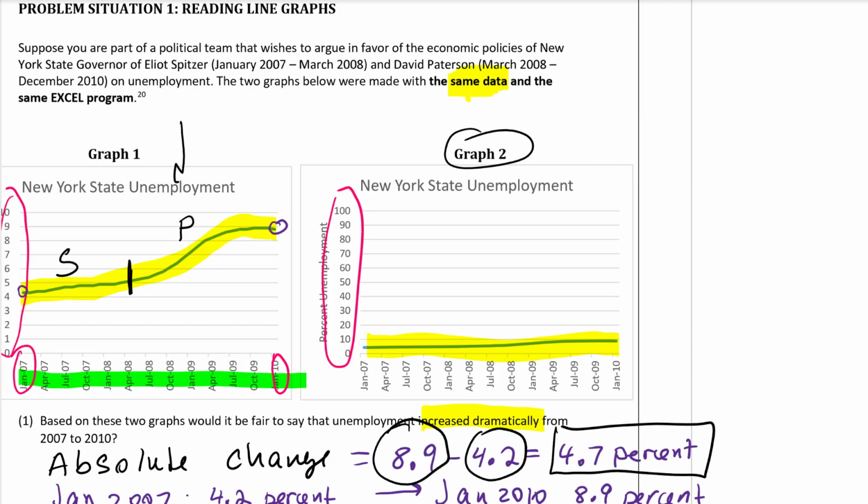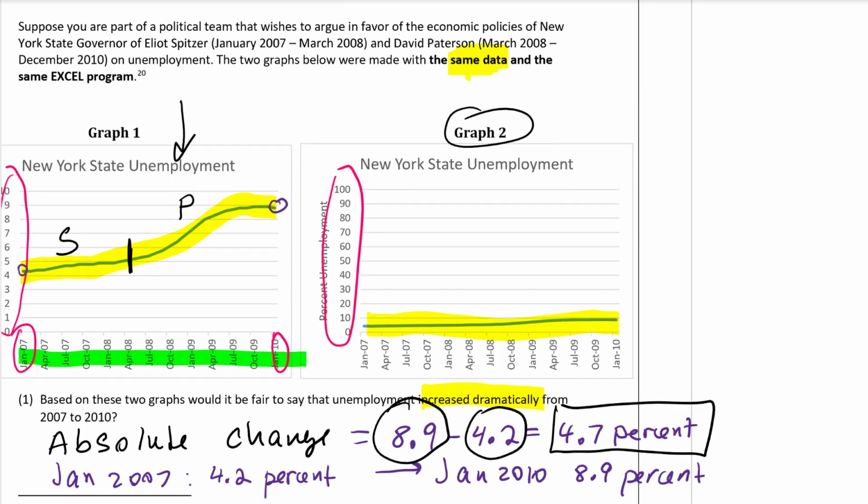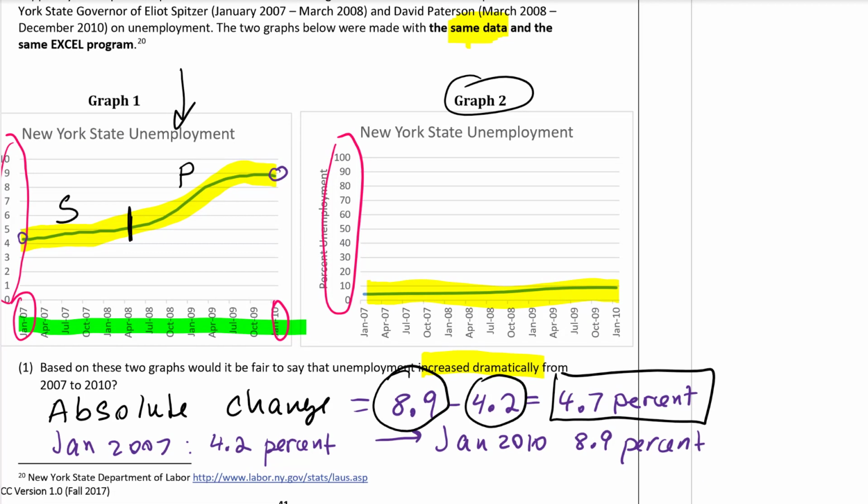If we just did the calculation, you can see that for both periods of time, the unemployment did go up, but it was more dramatic under Patterson because of the sharper increase in the graph.